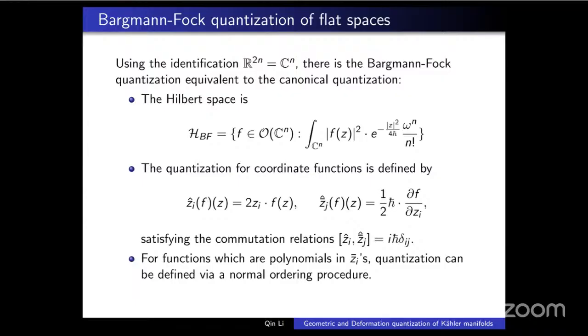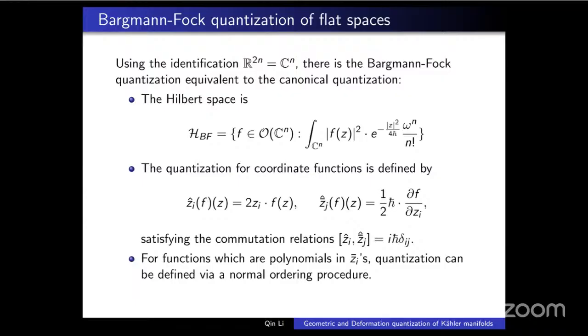The Hilbert space here, H_BF, where BF stands for Bargmann-Fock, consists of holomorphic functions on Cn which are L2 integrable with respect to the Gaussian metric. You can see the explicit formula here.